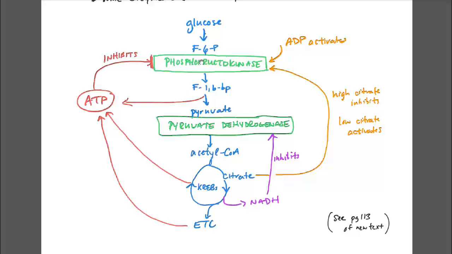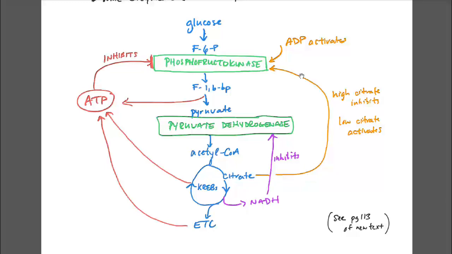I can also kickstart it as well. Let's say I begin to run out of ATP, it stops inhibiting, and if I've got a lot of ADP available, it means my ATP is low. So ADP is able to turn this one on, as well as citrate levels. Now, if I've gone all the way through and gotten down to citrate, and I've got a lot of citrate being produced, then I really don't need this running anymore because I've got enough citrate.